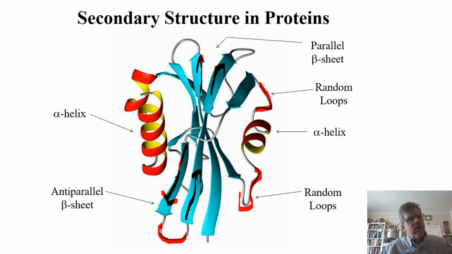Secondary structure in general depends on the protein. Some proteins have no secondary structure whatsoever. Some proteins are almost completely comprised of secondary structure, either alpha helices, beta sheets, or combinations of both.